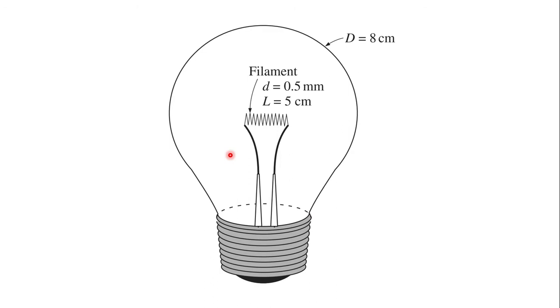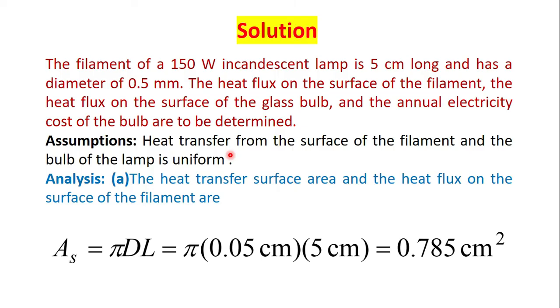So let us just try to solve this problem. The filament of a 150 watt lamp is 5 centimeter long and has a diameter of 0.5 millimeter. The heat flux on the surface of the filament, the heat flux on the surface of the glass bulb and the annual electricity cost of the bulb are to be determined. These are 3 things that you have to determine.